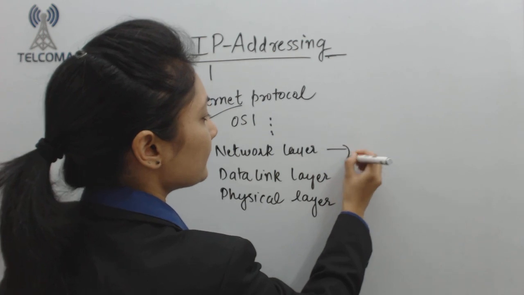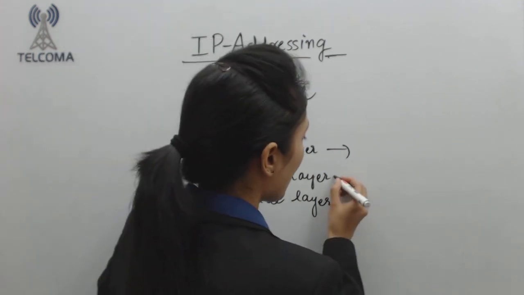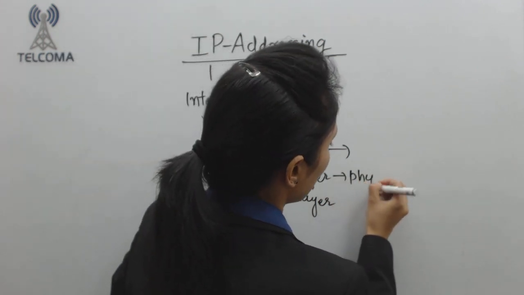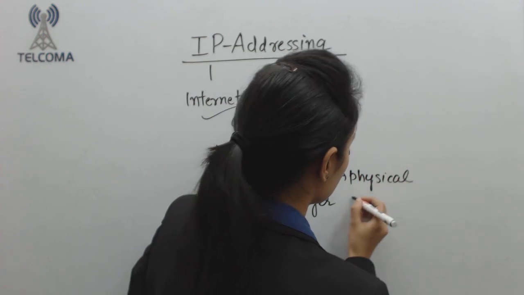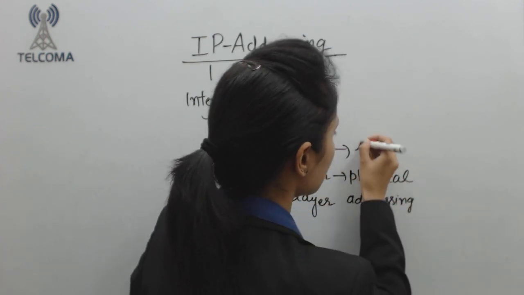Now this network layer addressing is basically your logical addressing, or your IP addressing here is the logical addressing, and at your data link layer you have the physical addressing.